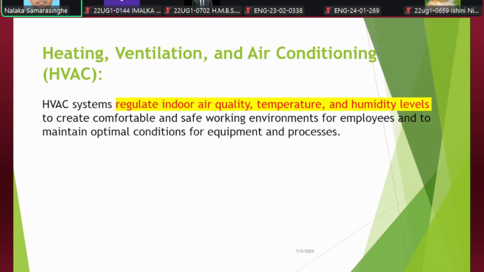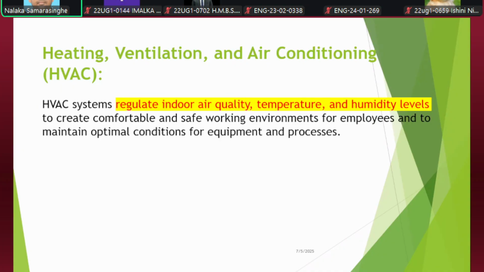So for that we have to use a refrigerated space or air conditioned space. Refrigerated space means if you have to go to very low temperature levels, then we have to go for a refrigerated system.